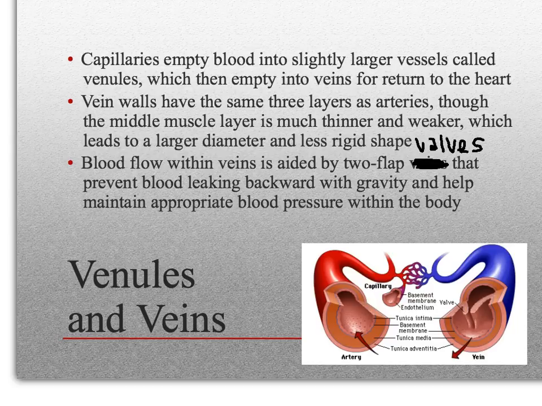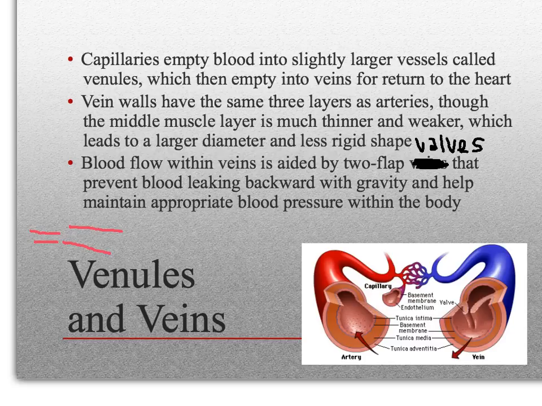Okay, so then this is our last vessel type. After the capillaries have delivered all of their oxygen and food and all of those things, so let's say we've got our little tiny capillary here, then the capillaries pour into larger vessels called venules. So the venules are headed back toward the heart.